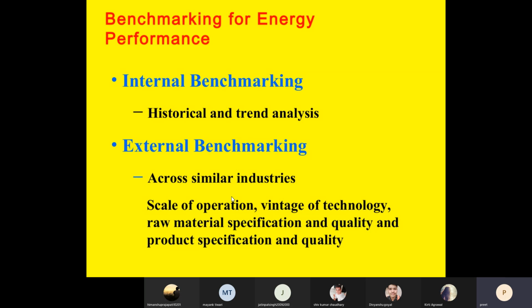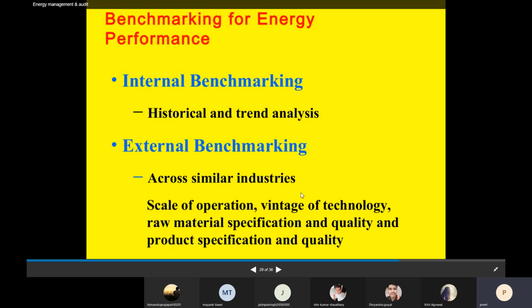They are implementing this one thing, so you can also implement the same thing, and you will have reduced energy consumption and thus reduced cost. So across similar industries, scale of operation, vintage of technology, raw material specification and quality, and product specification and quality are observed under that.